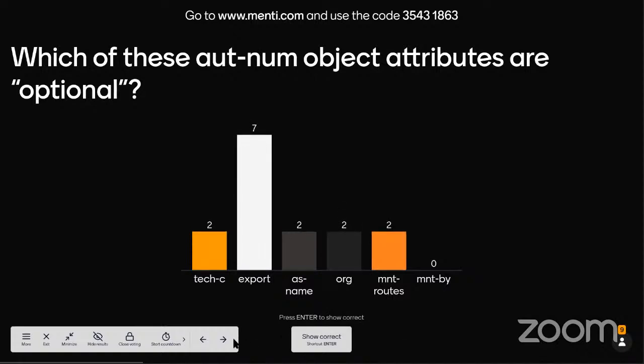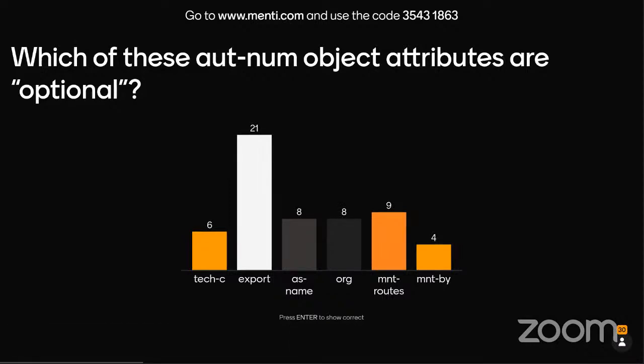Okay. Only 9 people so far. It looks like they are afraid to answer. Ola, and then look at the previous slide. We have 81 attendees. What are you doing? You just need to go to menti.com. You have the code and you give your answer.